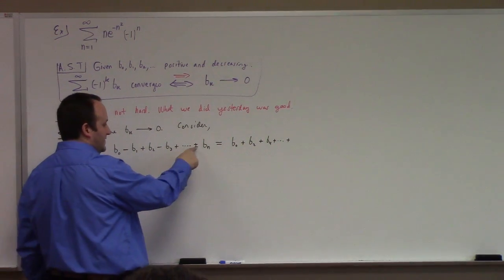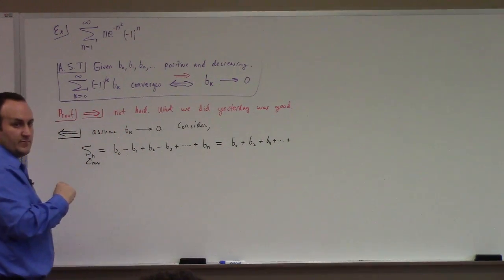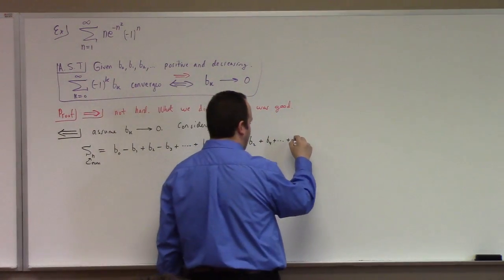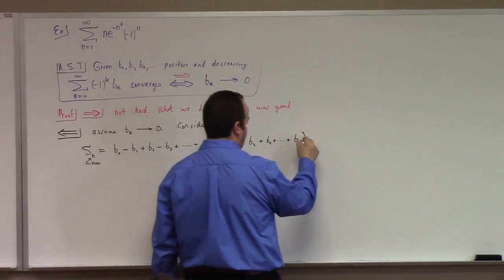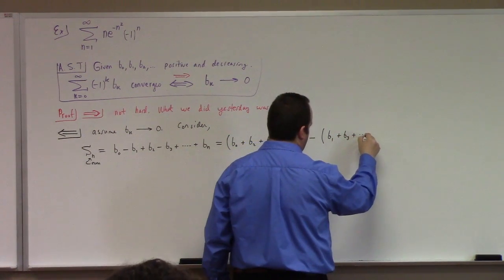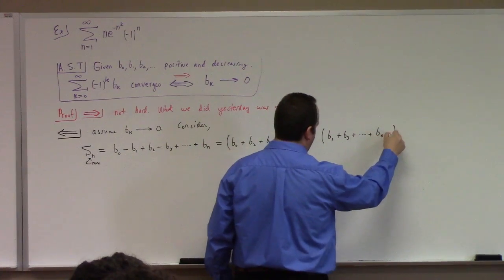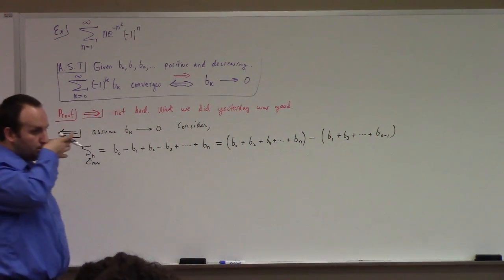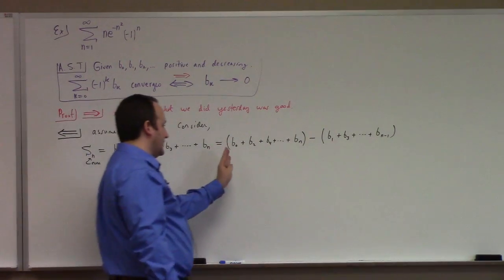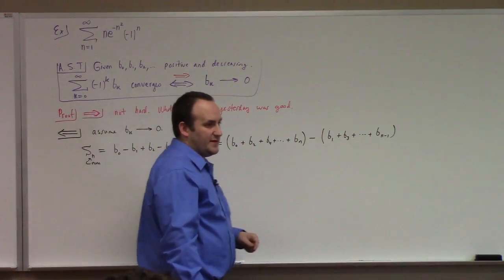If it's even, then this is a plus, and so you could rewrite this as b0 plus b2 plus b4 plus dot dot dot plus bn, minus b1 plus b3 plus dot dot dot plus b(n-1). So he separately analyzes the sum of the even terms and the sum of the odd terms.